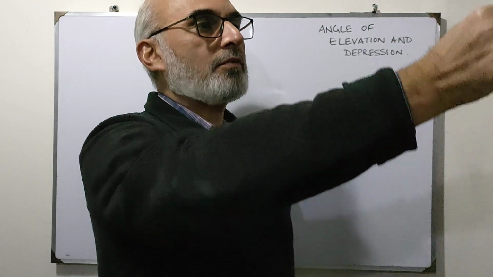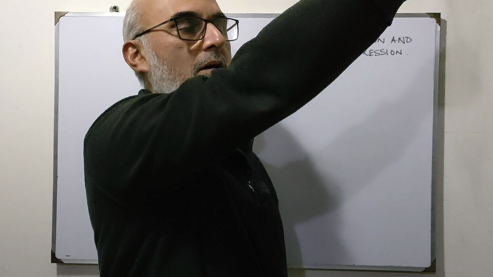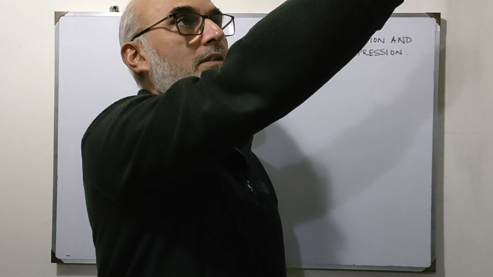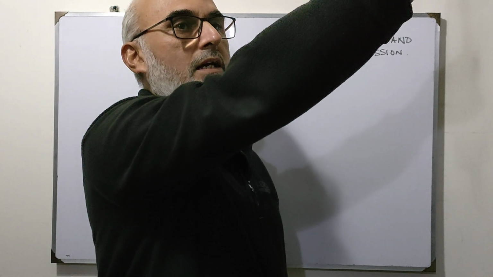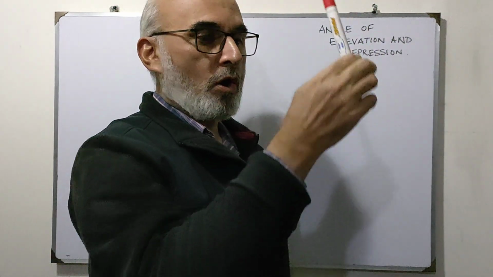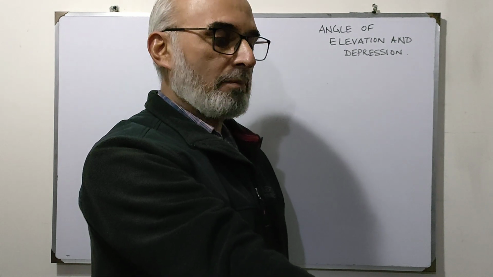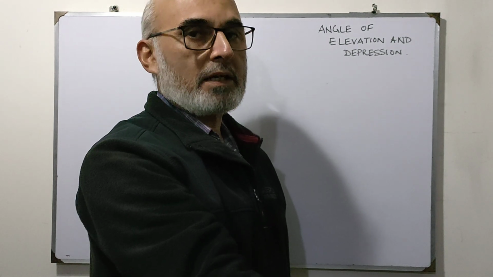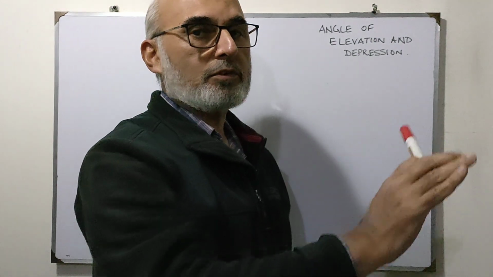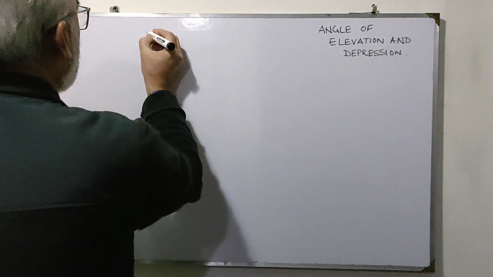If something is at some height above my line of sight, when I'm looking at it, it is making some angle with my line of sight. Or if it is below the line of sight, it is also making an angle with reference to the line of sight. So let's understand this.